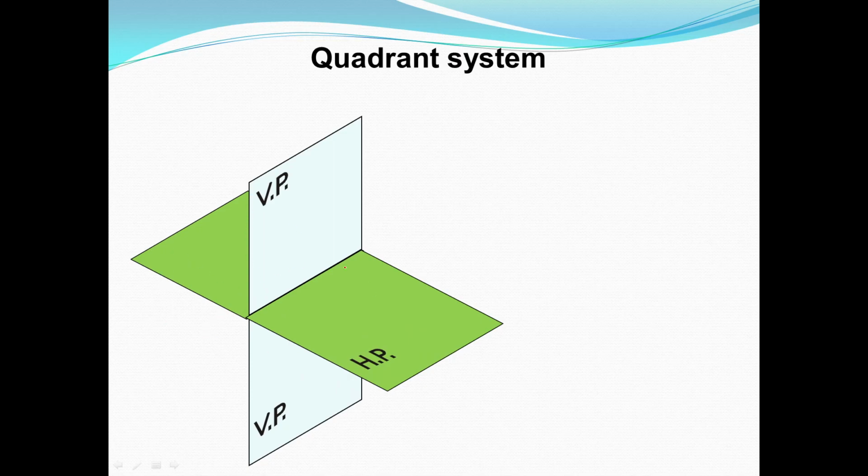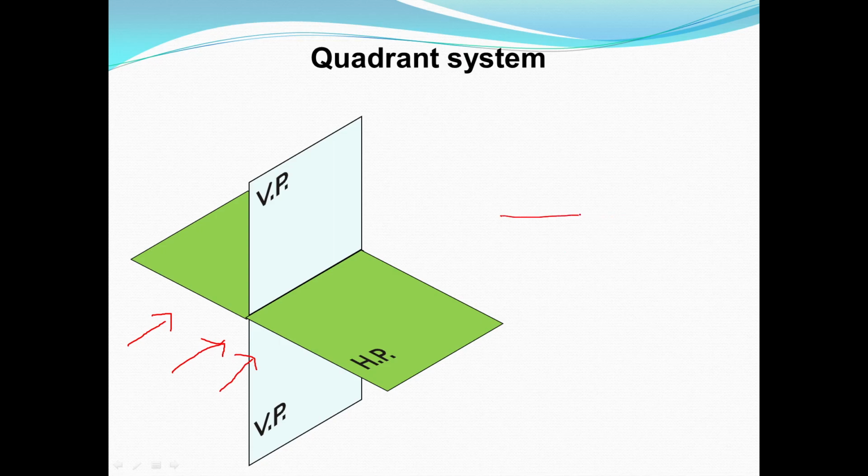And if we are looking towards this quadrant system from this side, we get the intersection of these planes as a point. So now we'll draw from the side view, looking towards these reference planes, and we can see the structure like this.